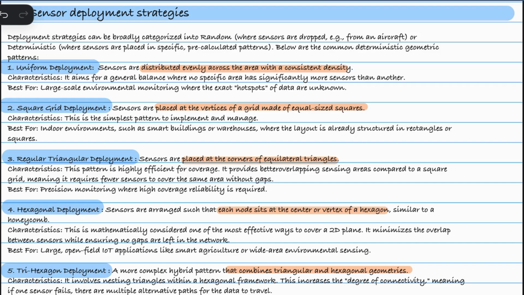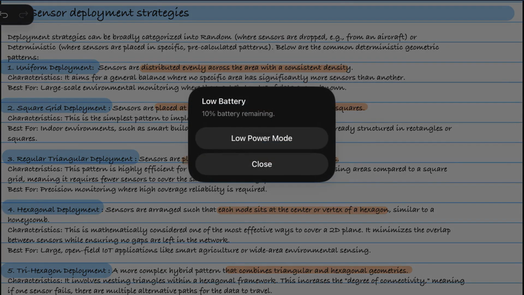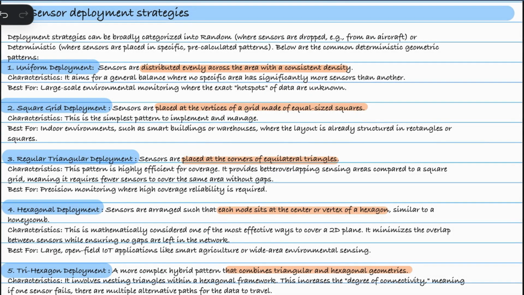It actually requires significantly fewer sensors to cover the exact same square footage compared to the square grid, right? We use this when we are doing precision environmental modeling, where a blind spot could ruin the scientific experiment.